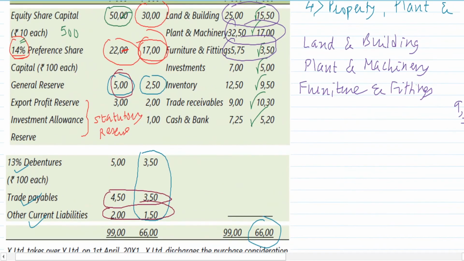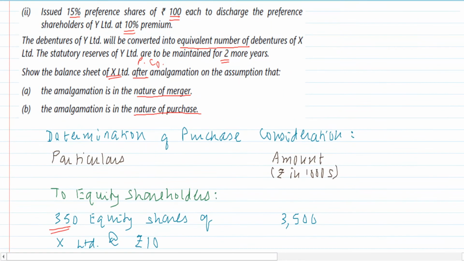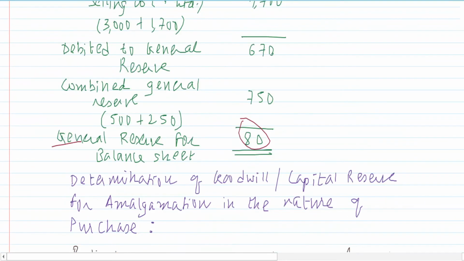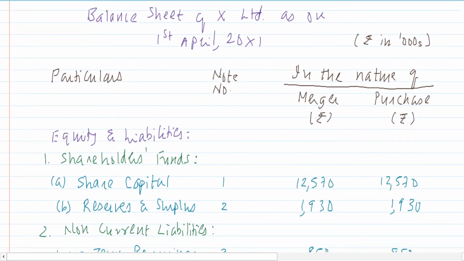Yes, I take you once again back to this working. In case you are still preparing this note, just pause the video here and complete it. And then, of course, the final balance sheet. Here it is, the balance sheet.